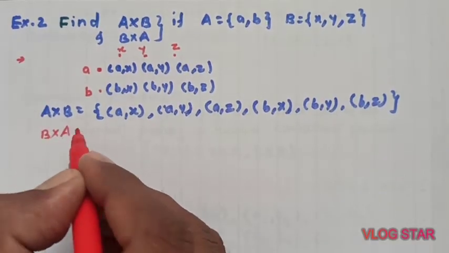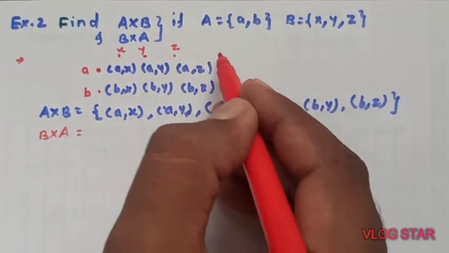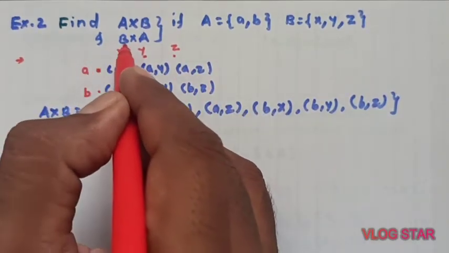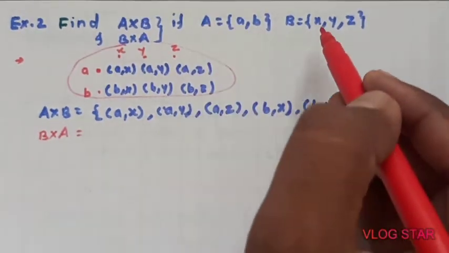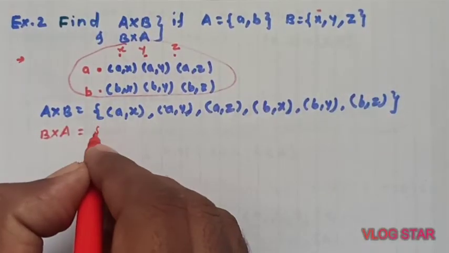Similarly we can find B cross A. So this is just for understanding, isn't it? B cross A. So x with all.